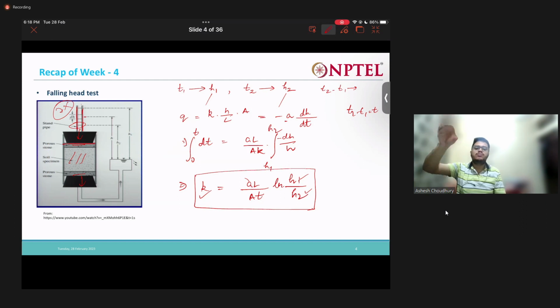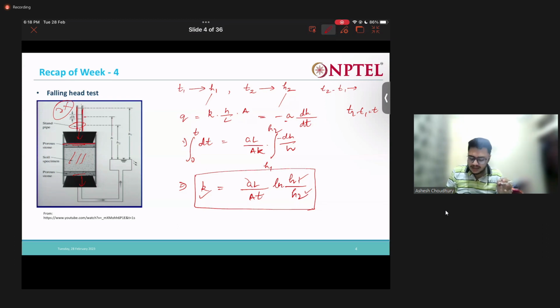If you pour water, it will instantly pass through it, right? So the flow of water will be very fast through it, isn't it? So it is very difficult to measure the head reduction time, because the head from h1 to h2 will reduce very fast. That's why the constant head test is used.